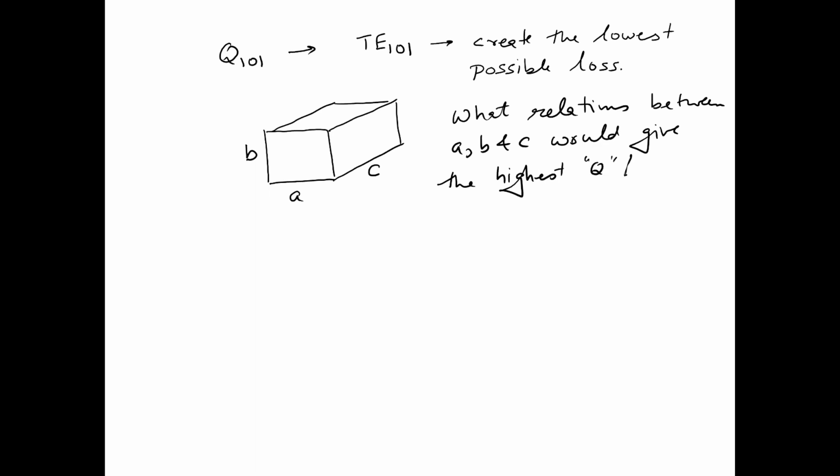For a given conductor, what should be the relationship between A, B, and C which gives you the highest Q?